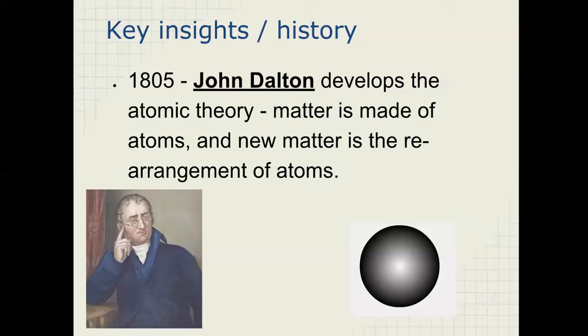And our model of the atom has changed over time, but his model of the atom really was basically just a sphere. And he said that all elements are made of these spheres, these atoms, and these atoms would have had different masses. So an oxygen atom is heavier than a hydrogen atom, for example. And all of matter is made by just some sort of rearrangement of these atoms.